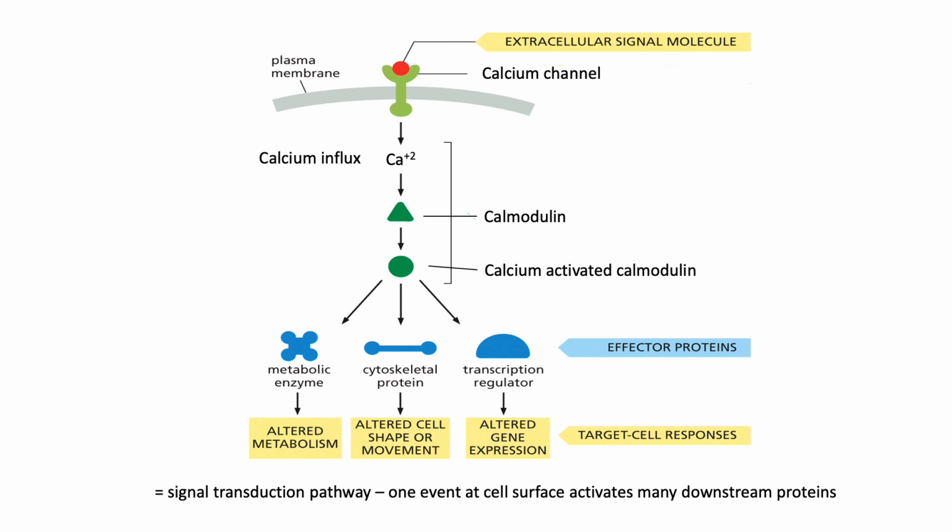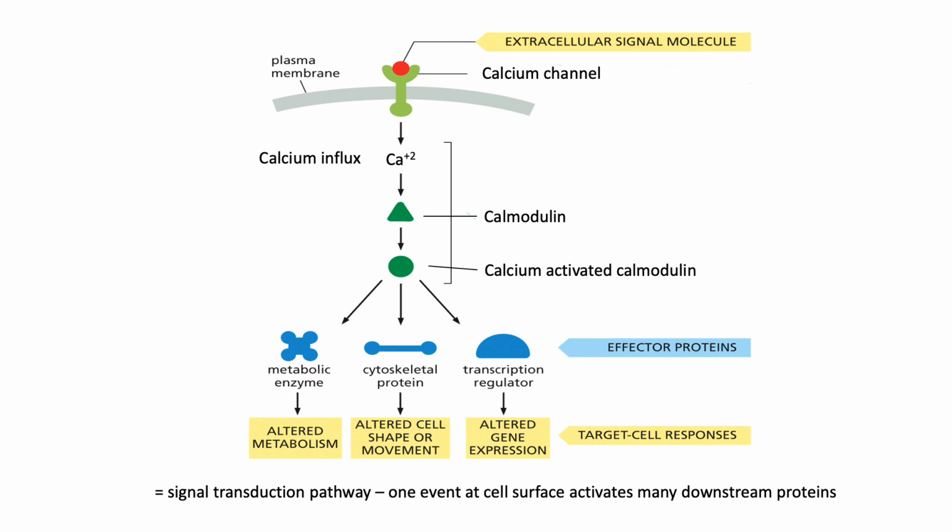Now, interestingly, this can be done by one single extracellular signaling molecule, say a hormone or any other kind of a protein or growth factor that would bind to the calcium channel, so you can have one single channel opening up and have this complete change of activity of the cell.